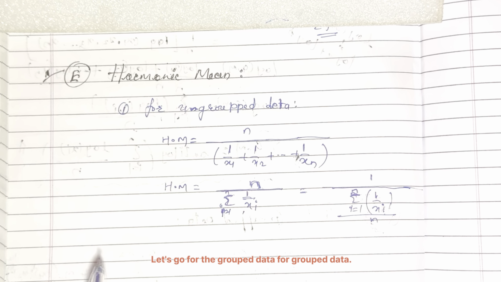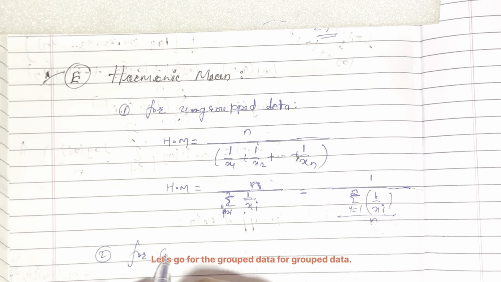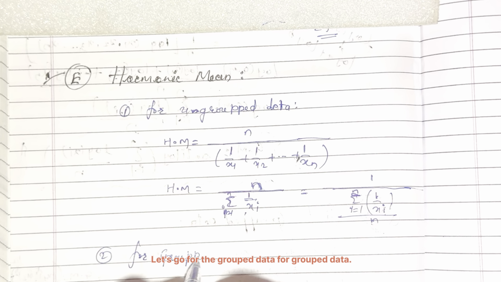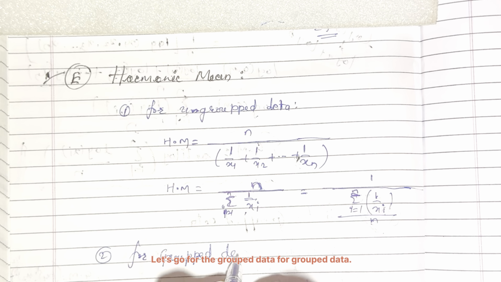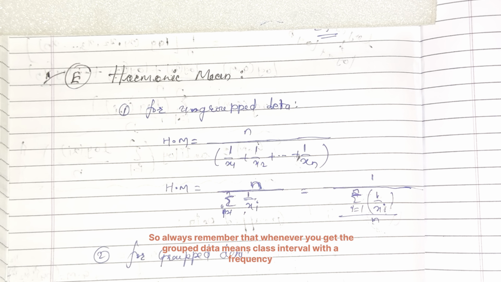Let's go for the grouped data. We want the harmonic mean for grouped data. Always remember that when you get grouped data, a class interval with a frequency, you will get it there.